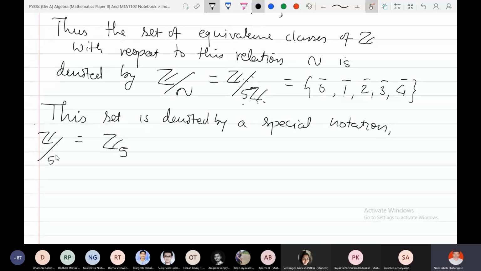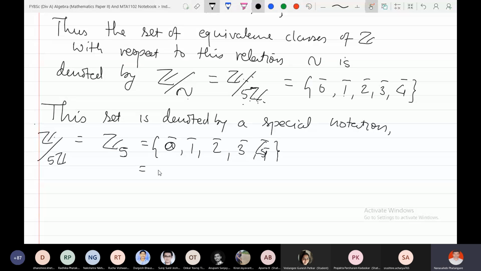Z modulo 5 means Z modulo 5Z, multiples of 5. So what is the meaning of Z suffix 5? Z modulo 5Z, or Z modulo this relation. So classes with respect to this equivalence relation: 0 bar, 1 bar, 2 bar, 3 bar, 4 bar.